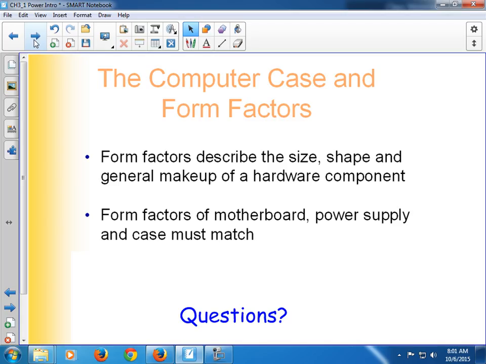And the idea that ATX and BTX and ITX are all different ones. You have to pay attention when you're reading, and you have to keep paying attention, because that's what I think happens. Lane goes and reads about 40 different motherboards, and then all of a sudden he's found this one that looks great, it's the right price, has the right stuff, and he's dropped out of his brain the whole fact that it had to be ATX. I think that's why when people are doing these projects, all of a sudden they miss the one crucial thing that was the most important thing.